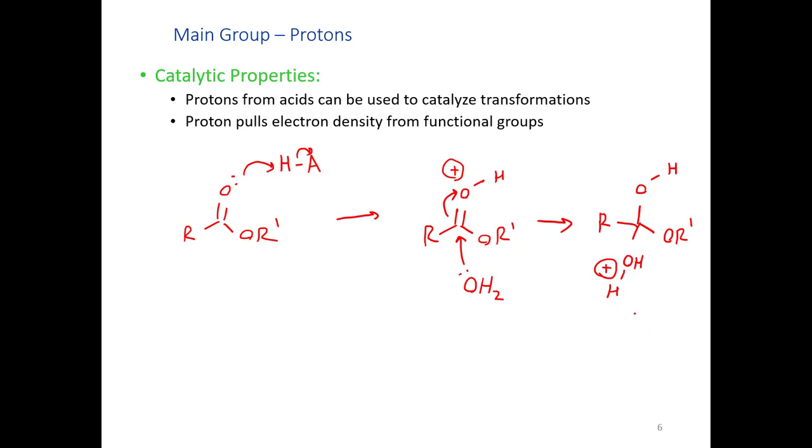And then if you have a proton transfer, so from here to here, you can generate a species that looks like this. And this makes this group a much better leaving group.